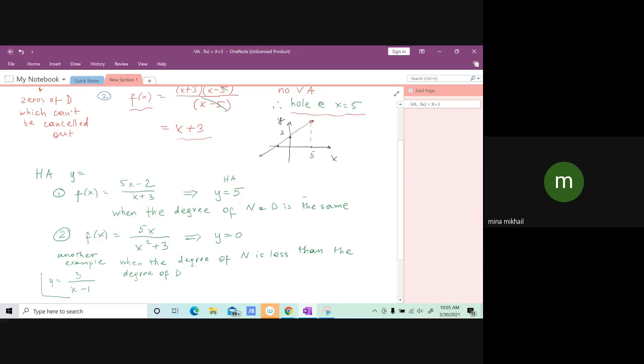What is the degree of the numerator? 0. And denominator 1. So it's less. If you just go to Desmos and input it, you will see that the horizontal asymptote is also y equals 0. Okay. So those are the cases which we used to know about horizontal asymptote from the advanced functions.